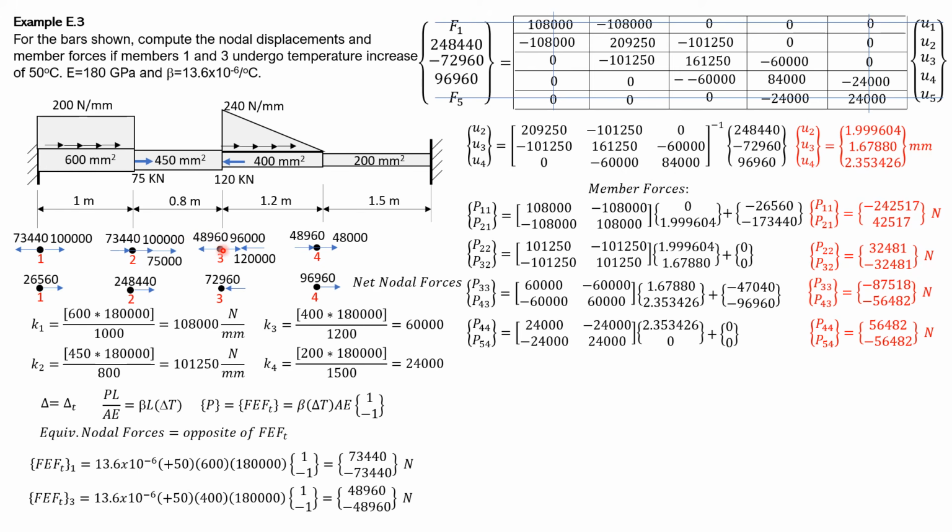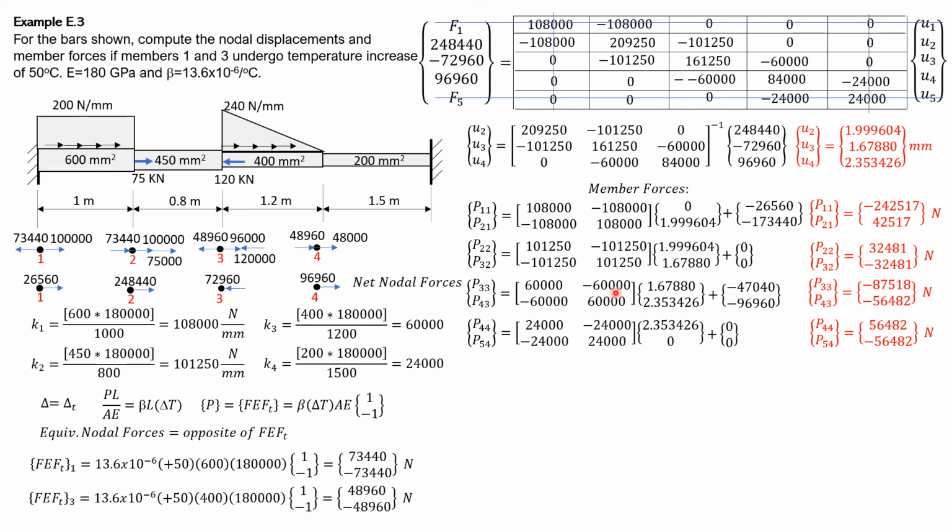So 48,960 minus 96,000 is negative 47,040. On the other end, these are all rightward, so the fixed forces will be leftward: negative 48,960 and negative 48,000 is negative 96,960.